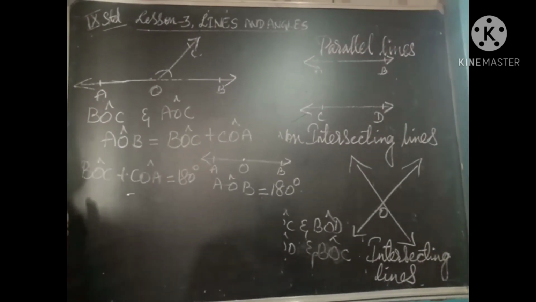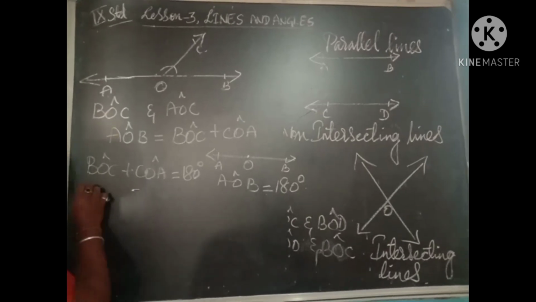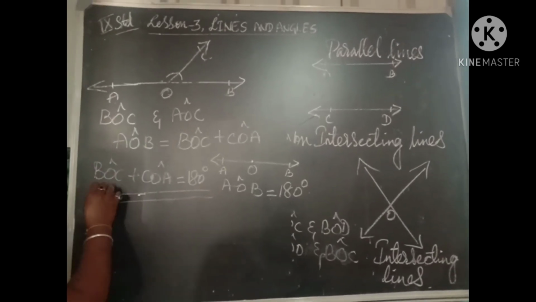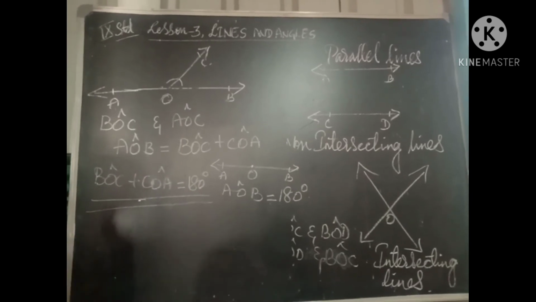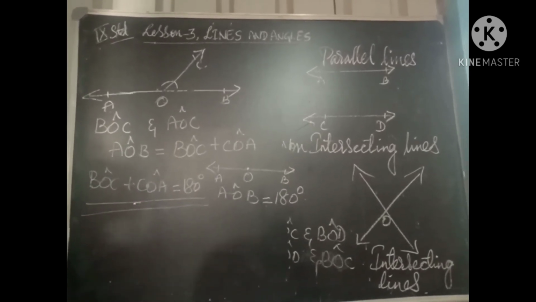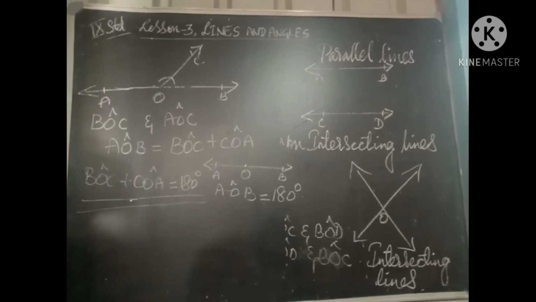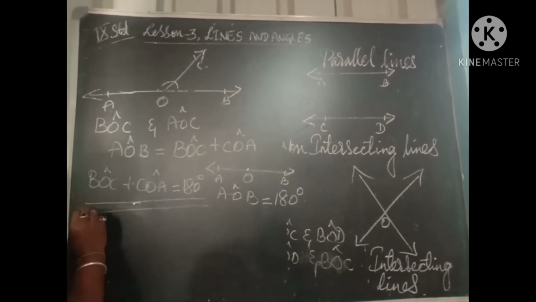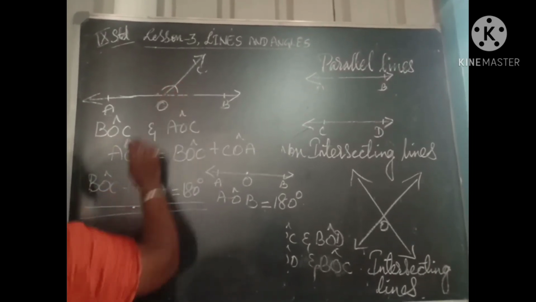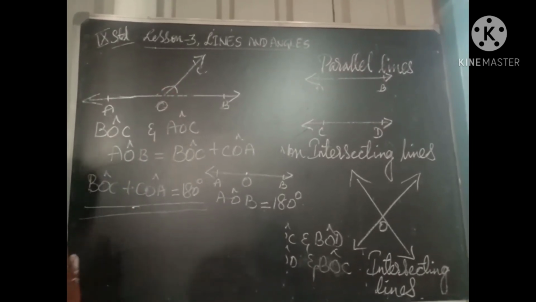That means pairs of angles always measure 180 degrees, and even a linear pair of angles is also 180 degrees. When we are solving problems, this concept is very, very useful.